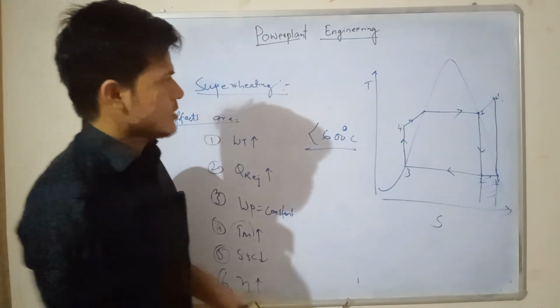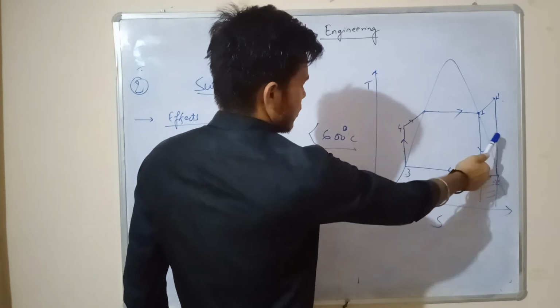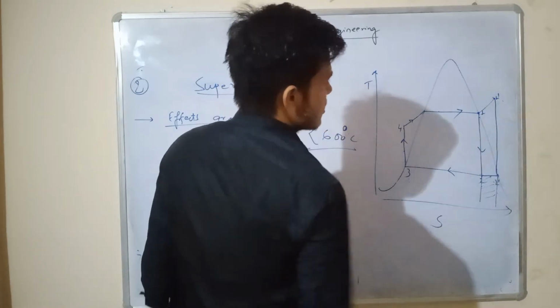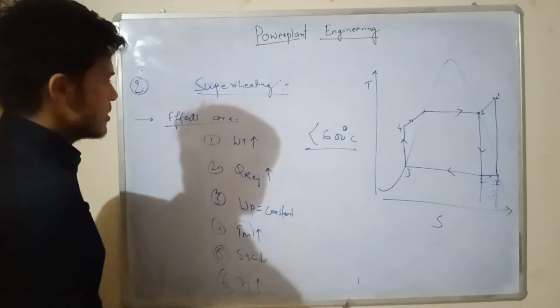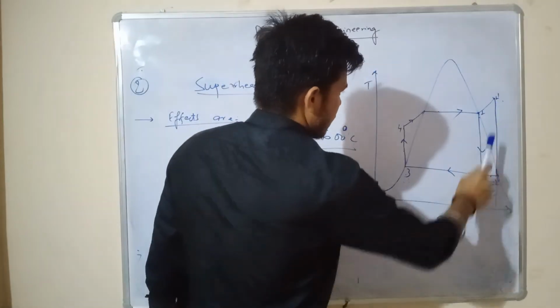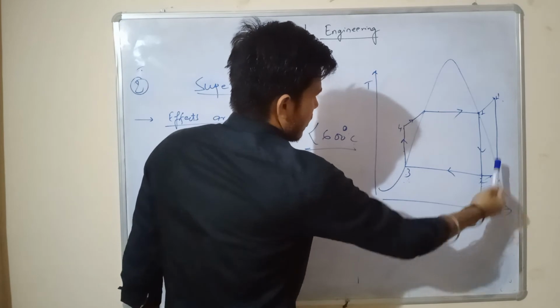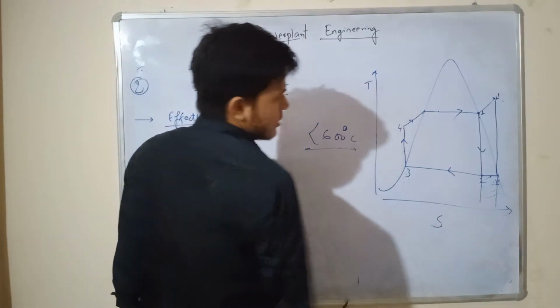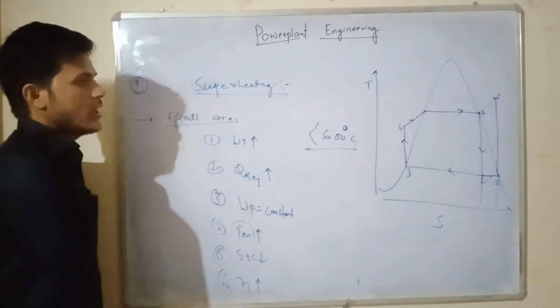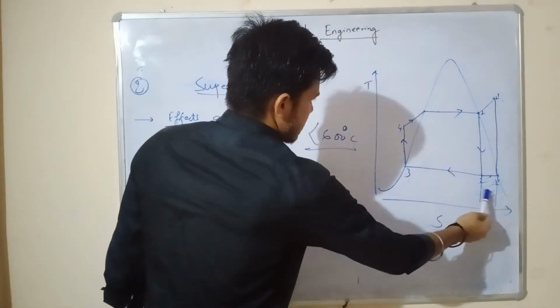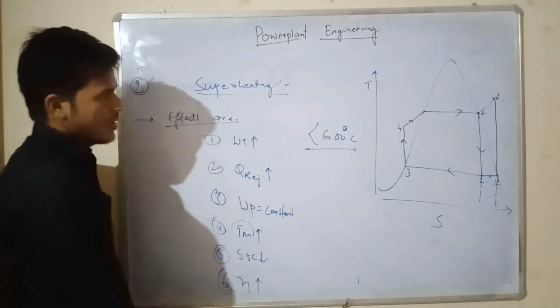Now as a result, when you compare this and this, which one is bigger? This one is bigger. Then the turbine work increases, and Q rejection increases. Before superheating, the rejection is at 2, right? Now after superheating, the Q rejection increases from 2 to 2 dash. This is the increasing part. And the third one is 3 to 4.